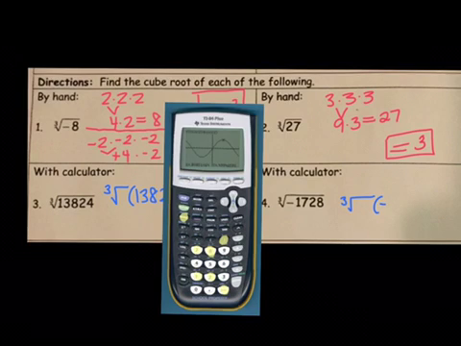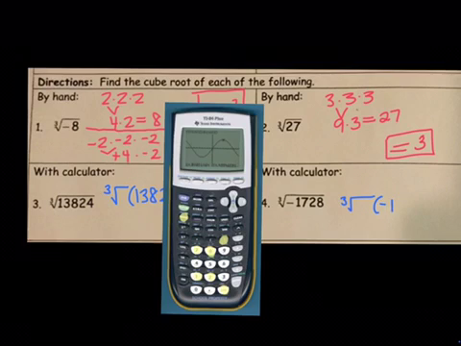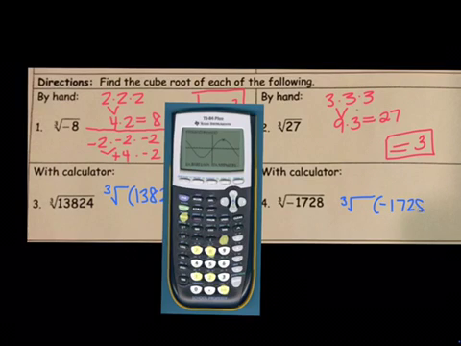Alright, so on your screen it should look just like that. Alright, and then pressing enter. And what do you get? Cube root of negative 1,728, close. I got -12 as my answer. Okay, so hopefully you got that as well. If not, make sure you know how to do that. So this is how you find the cube root on your calculator.